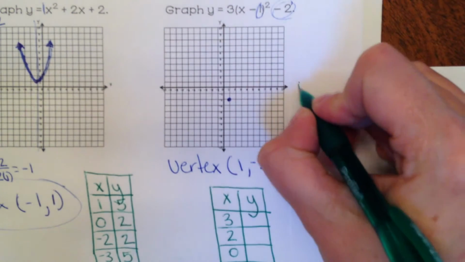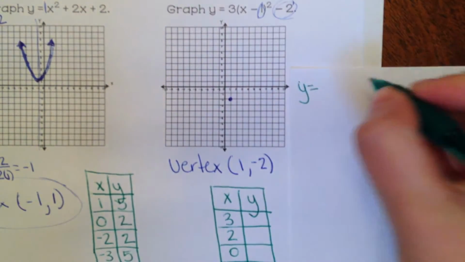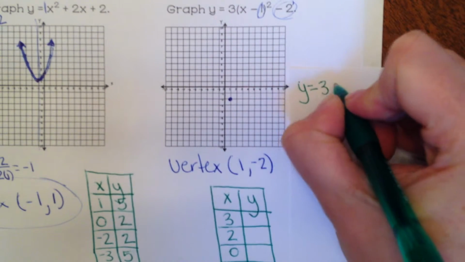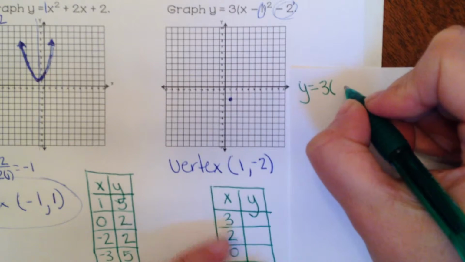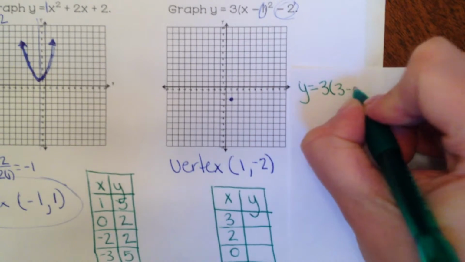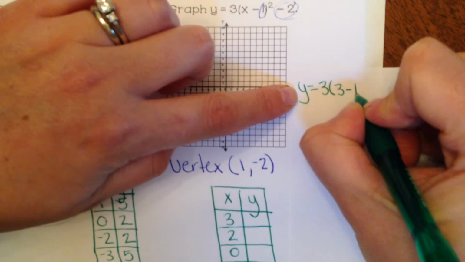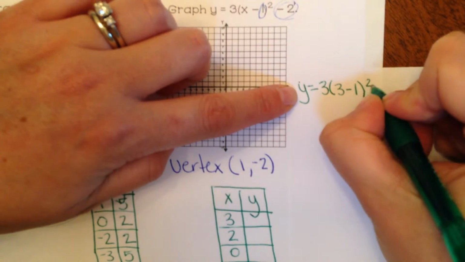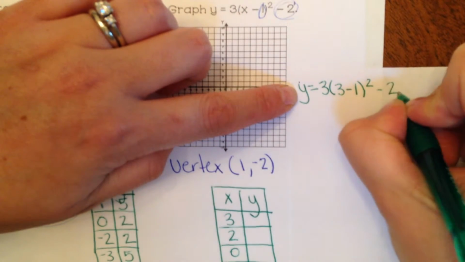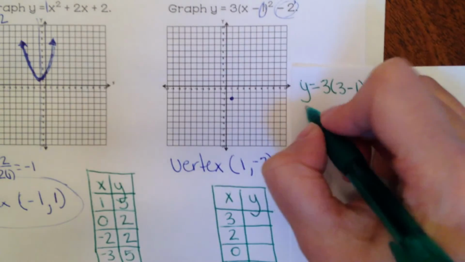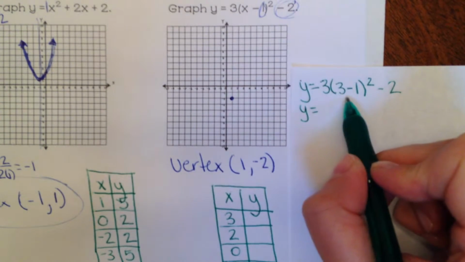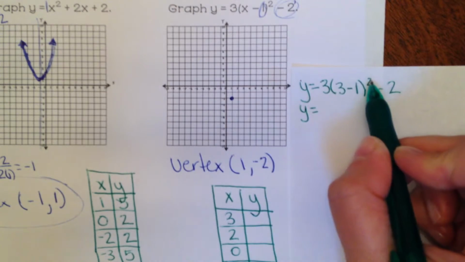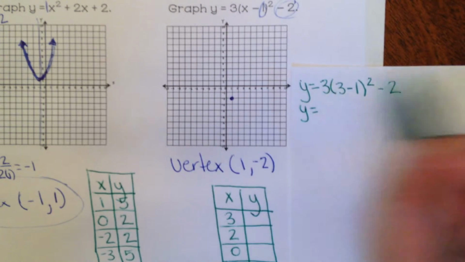I'm just going to plug them in. We have y equals 3 times, my x value this time is 3. So 3 minus 1 squared minus 2. Okay. Order of operations say do what's in the parentheses first, then do exponents, then multiply.